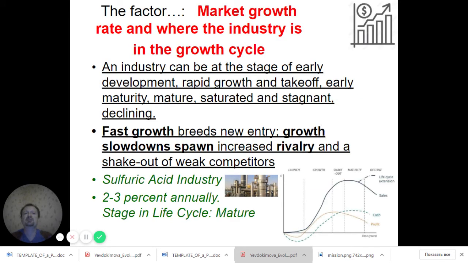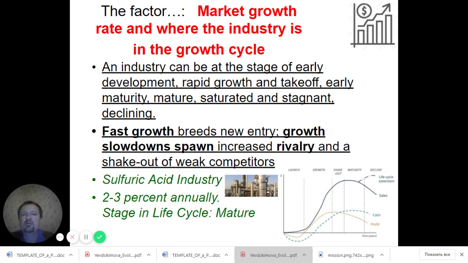The next feature of the industry is market growth rate and where the industry is in the growth cycle. Why is it rather important? Because if the market is growing and we know that the growth rate is rather big, it will also attract more competitors.